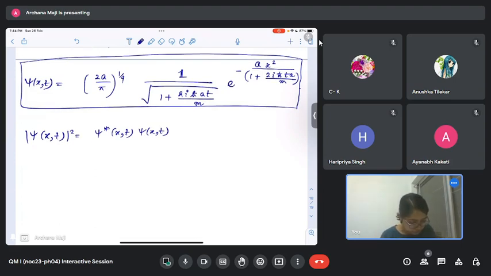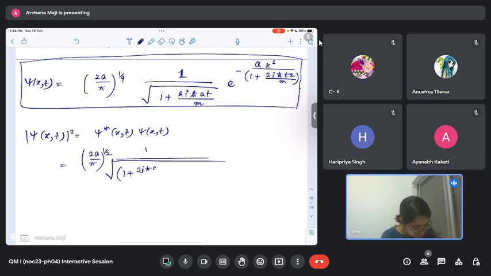What do we get? So this is just a constant, so it will become (2a/π)^(1/2). When we take the star, this will change its sign: 1 over square root of (1 plus 2iħat/m), (1 minus 2iħat/m), and these terms will also change sign.